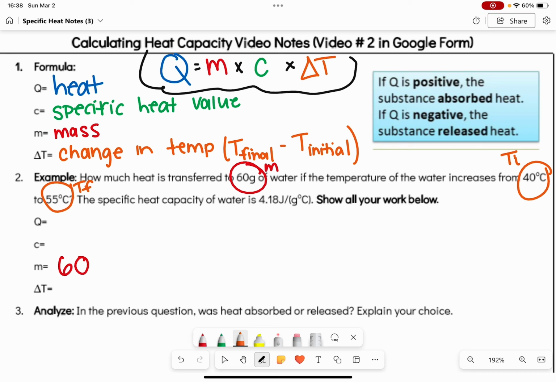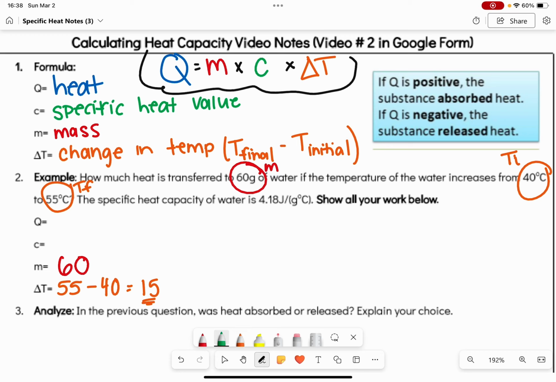So to figure out delta T, I need to do the final temperature minus the initial temperature. So that would be 55, since that's what it ended with, minus 40. 55 minus 40 is 15. So that is going to be the number that we use for delta T.